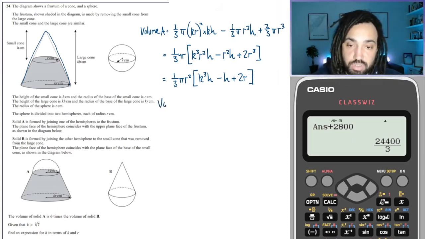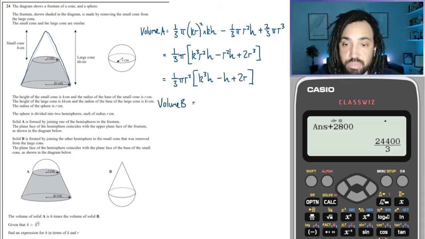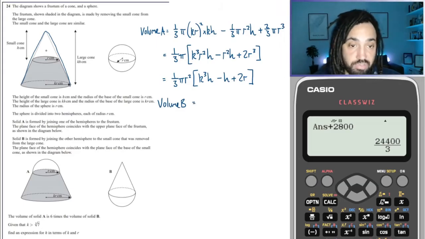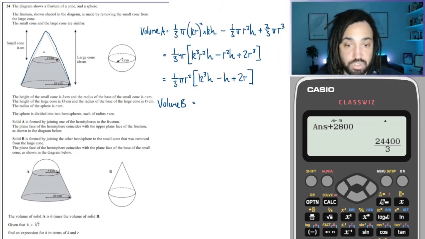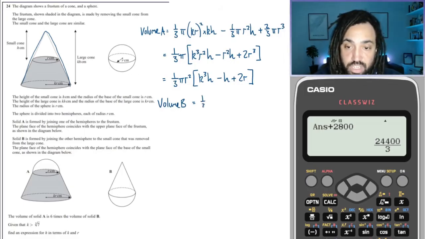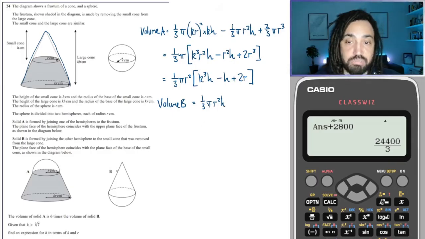So now let's look at volume B. Hopefully this will be a bit more straightforward, because it's just simply the cone, which is missing from the frustum. That's the bit that got chopped off and got put down here. So that cone is a third pi r squared h, just like what it was over here.